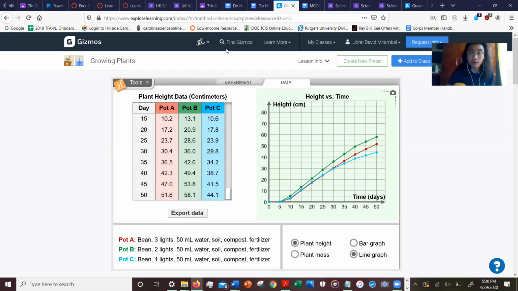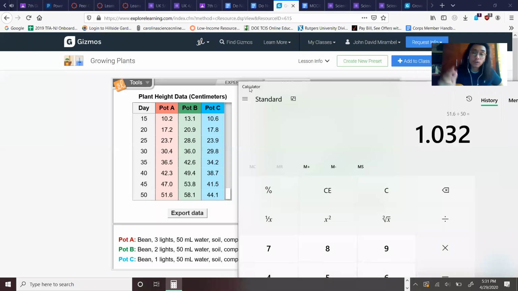To calculate that rate of how fast it grew in height, go to height and go to group A and look at this number, 51.6. Divide that by the number of days. I'm saying 50 days because that's right next to it. And then you get your rate. So group A, the one with the most light, grew at a rate of 1.032 centimeters per day.